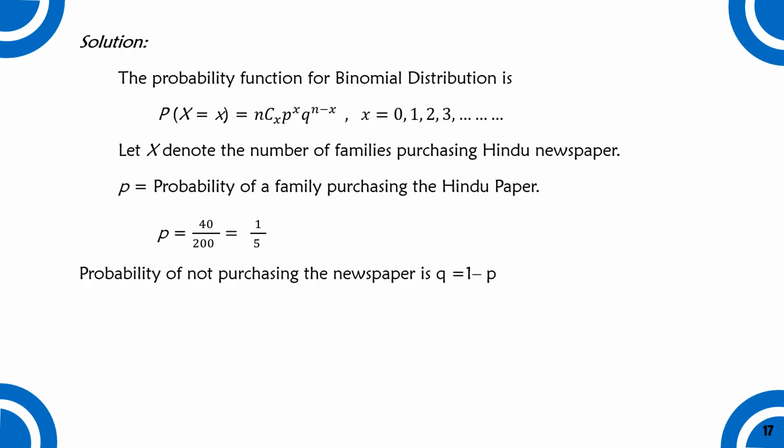Probability of not purchasing the newspaper is Q equal to 1 minus P. That is Q equal to 1 minus 1 by 5 equal to 4 by 5. And the sample size is n equal to 10.